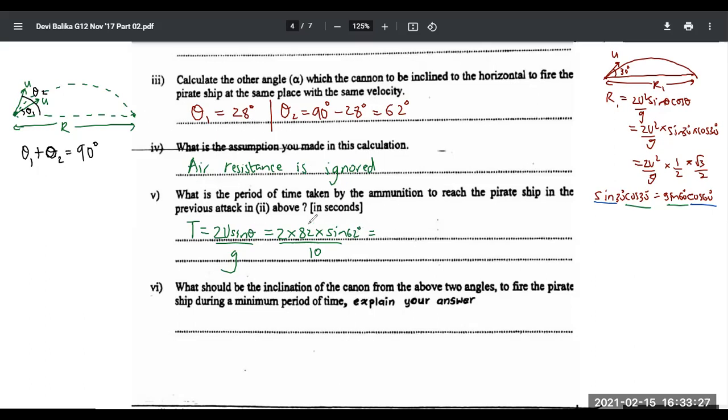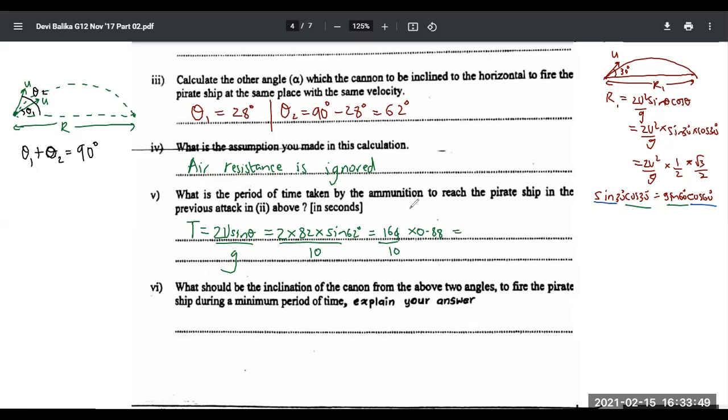Now, no other option. You have to go for the logbook and find the answer. If you go to the logbook and find sine 62, what is the answer we are getting? I'm getting roughly around 0.88, right? So it is 164 divided by 10 into 0.88.